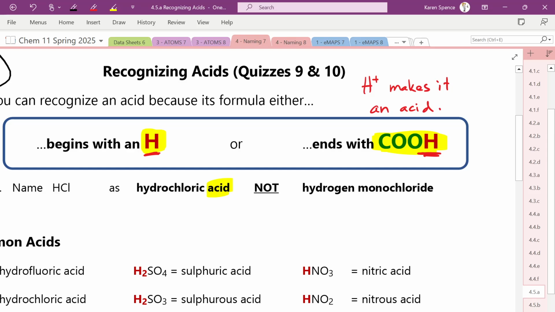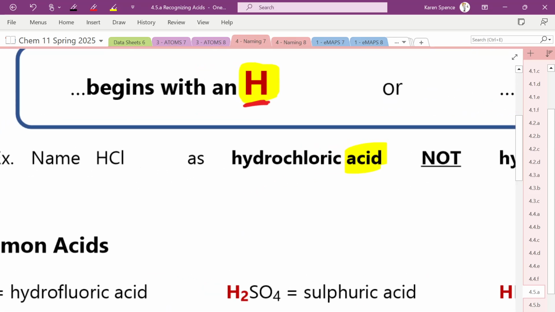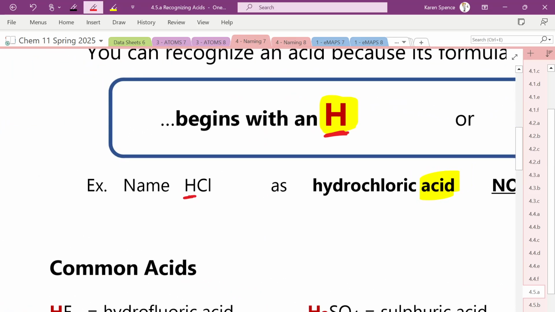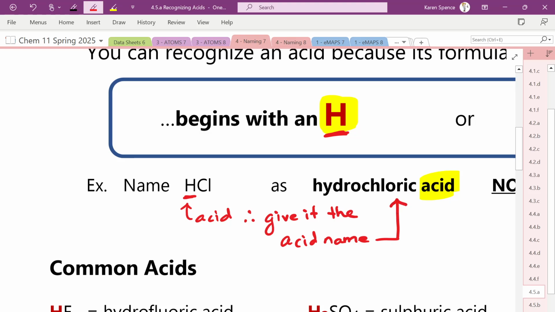And that means if we have an acid and you recognize that it is an acid, look, there's our H, so that tells us it is an acid, which means you have to give it its acid name, which in this case is hydrochloric acid.